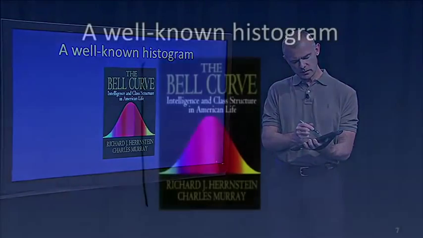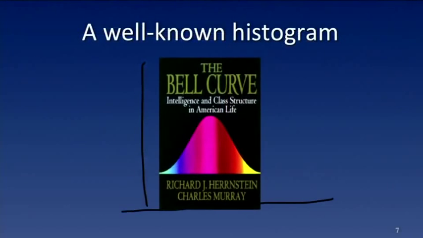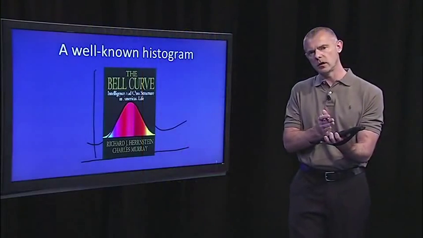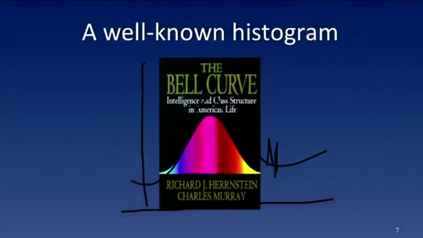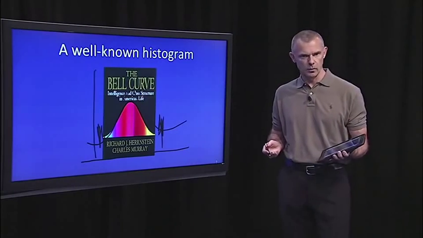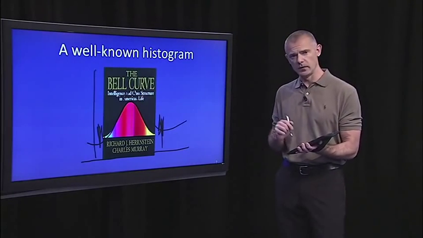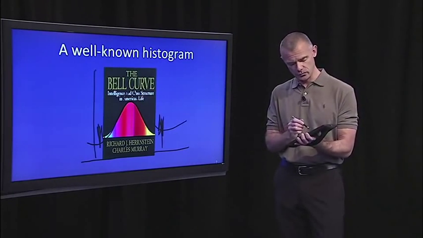So here's the frequency, and what we're plotting is intelligence scores, and you get a normal distribution. Most people are around average, but some people are exceptionally bright, they're way up here, and some people not so much, they're down here. Okay, so that's the idea of a normal distribution, a very well-known one and a very controversial one.